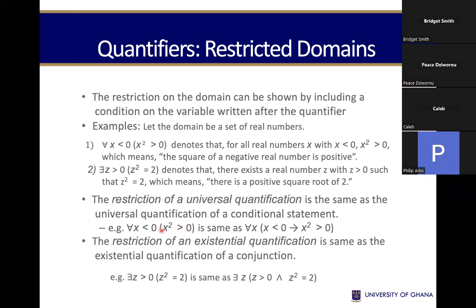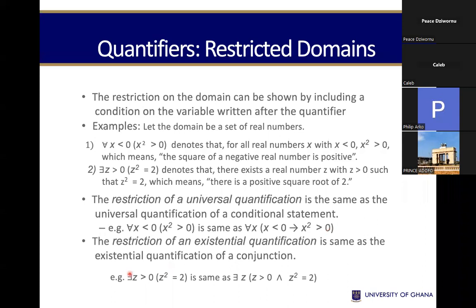In other words, x squared will always be positive. So if x is negative, then the square of x will be positive. And that's what we have here. If x is less than 0, in other words, x is negative, then x squared will be positive. So that's dealing with a conditional statement or implication.